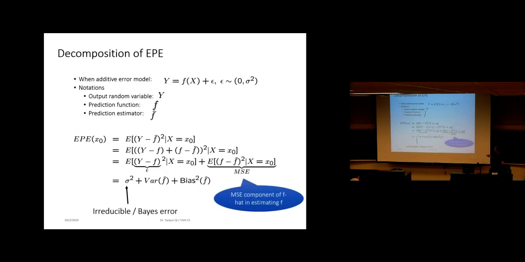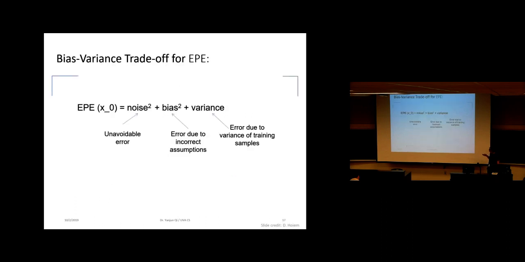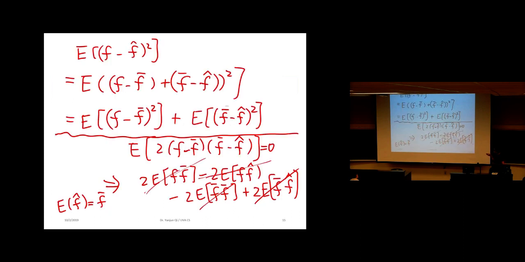Yeah. So this is exactly what this slide is trying to show. The expected prediction error is the summation of irreducible error plus the variance of the estimated f hat and the quadratic of the bias of f hat. And the definition of bias is this. So this is the bias, this is the bias quadratic, and this is variance.